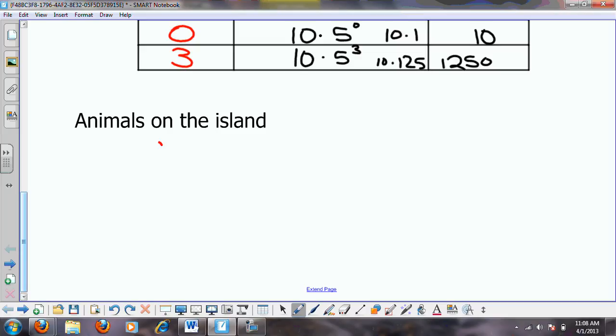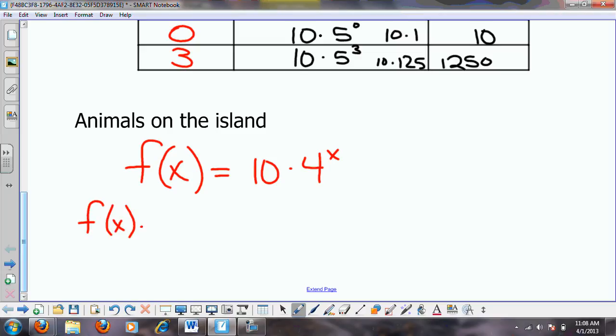So we have this function, f of x equals 10 times 4 to the x, where f of x is representing animals and x is representing years, because it quadruples in a year.